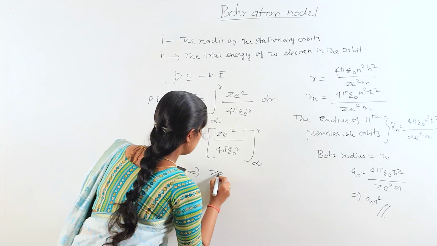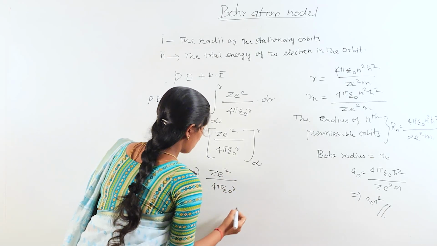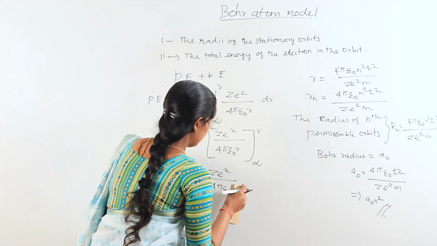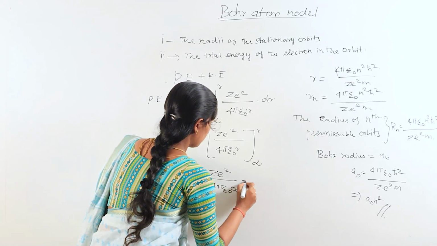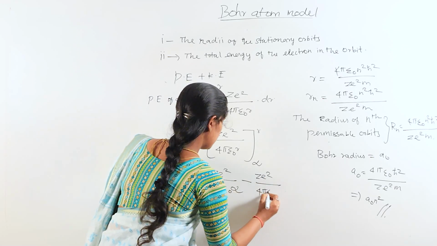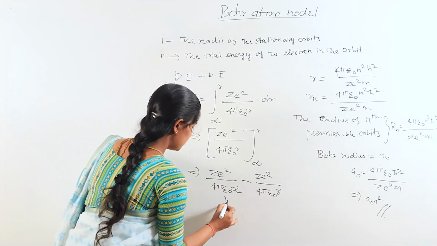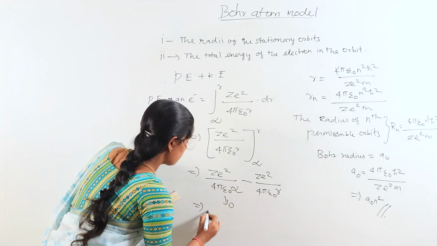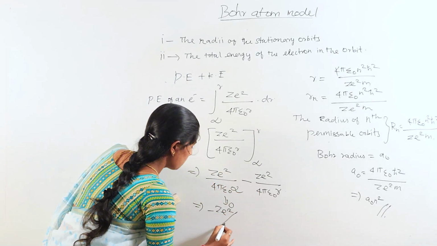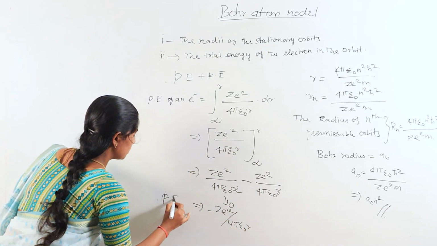Ze squared divided by 4 pi epsilon naught r at infinity, minus Ze squared by 4 pi epsilon naught r. This term should be 0. So finally we get minus Ze squared by 4 pi epsilon naught r. This is the value of potential energy.